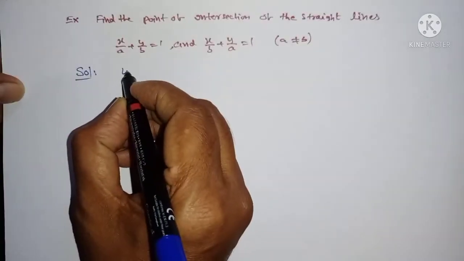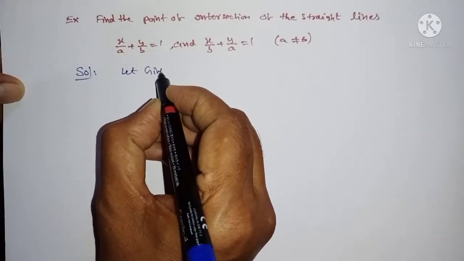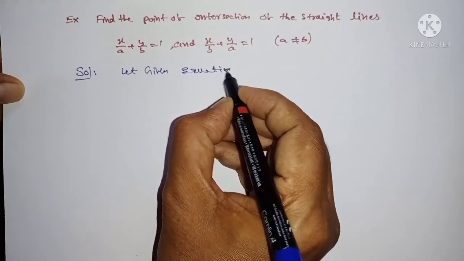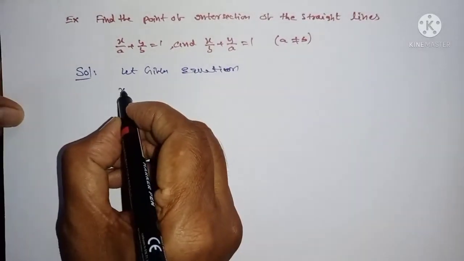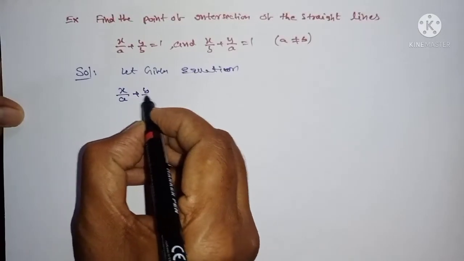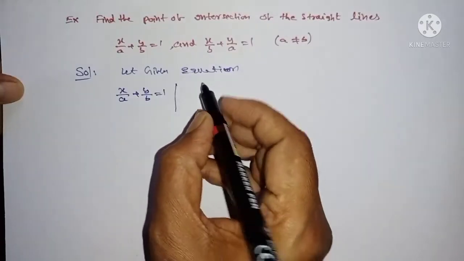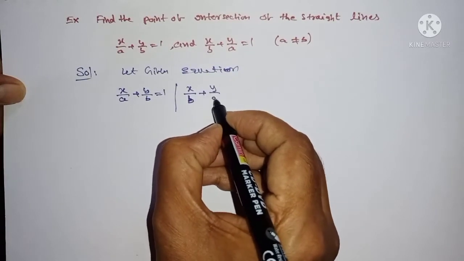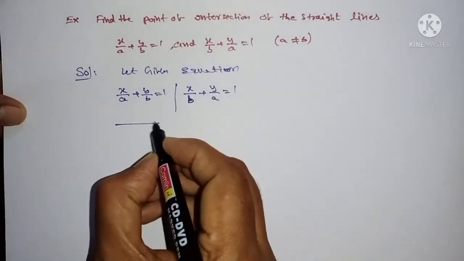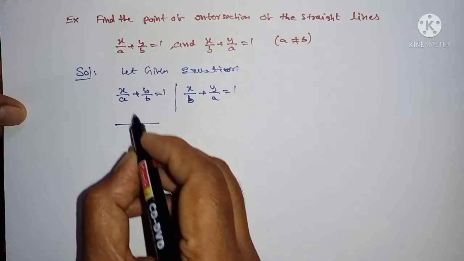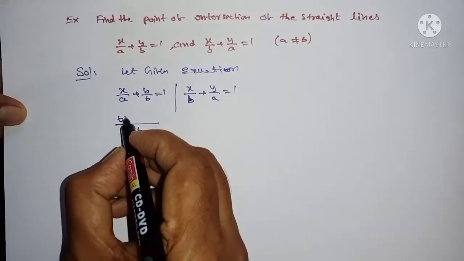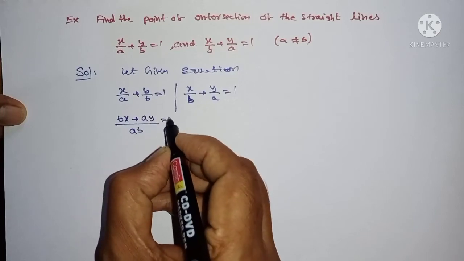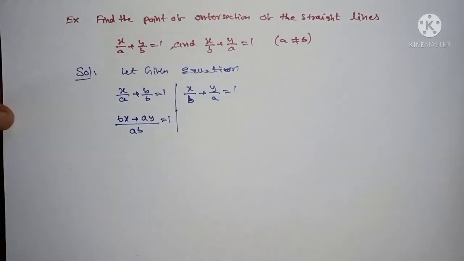Let the given equations be x/a + y/b = 1 and x/b + y/a = 1. You can take the LCM as ab. Then a gets cancelled, and we get bx + ay = ab. You can simplify this one.